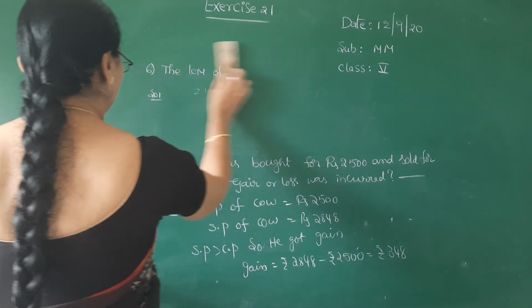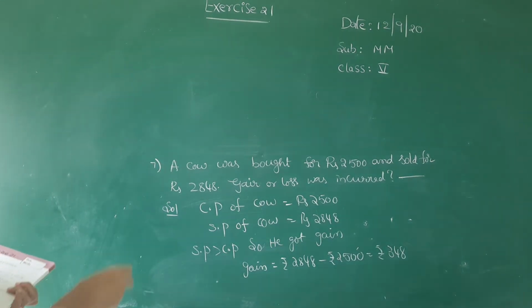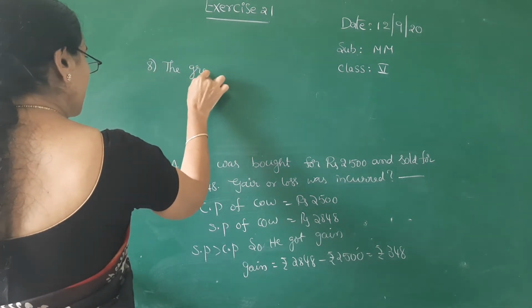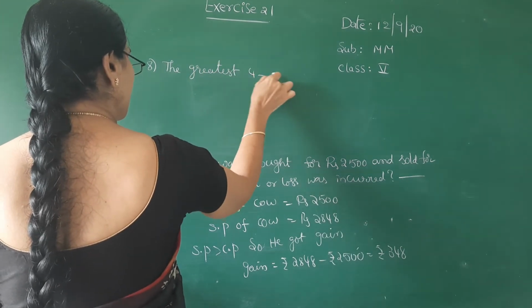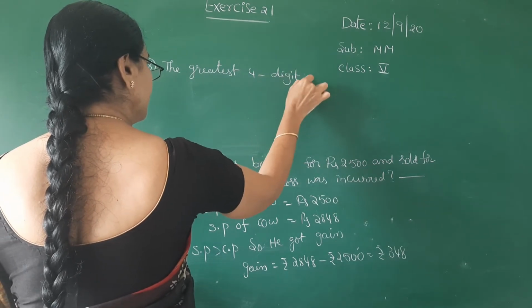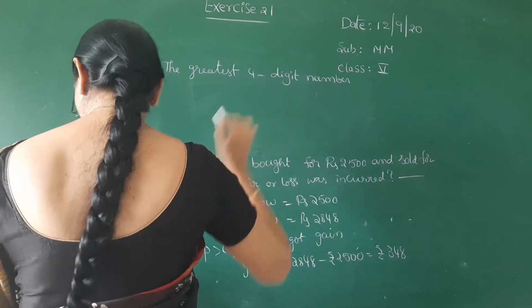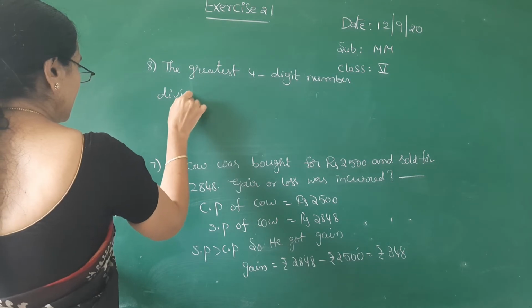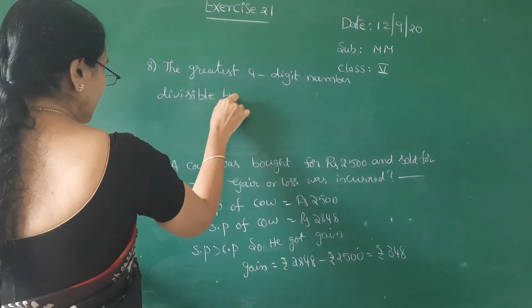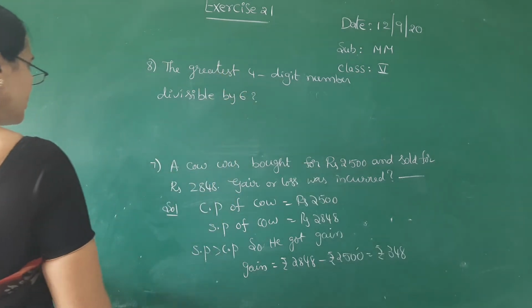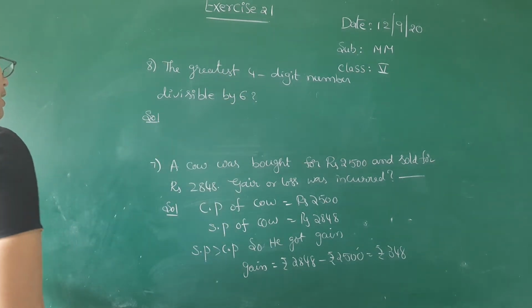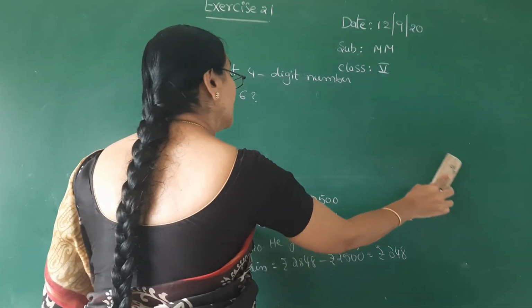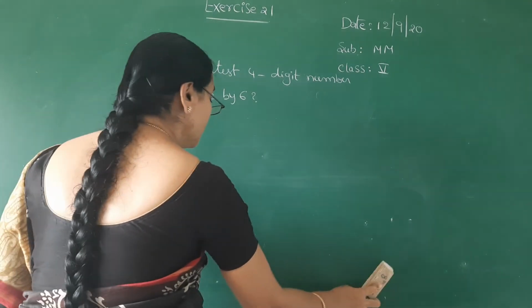See the eighth problem. The greatest 4-digit number divisible by 6. They are asking for the greatest 4-digit number divisible by 6. Now you already know the greatest 4-digit number, but here they are asking to find the greatest 4-digit number that is divisible by 6.